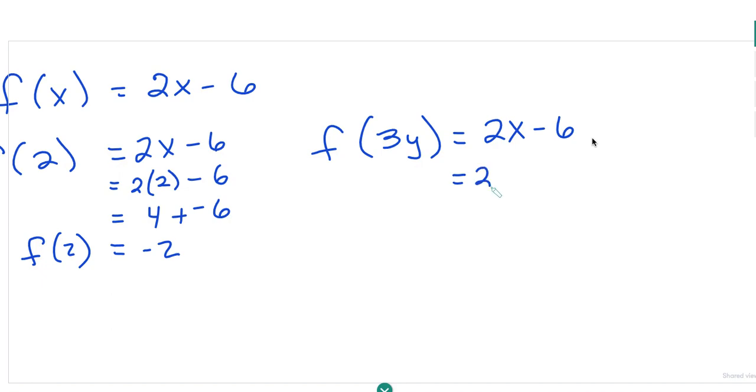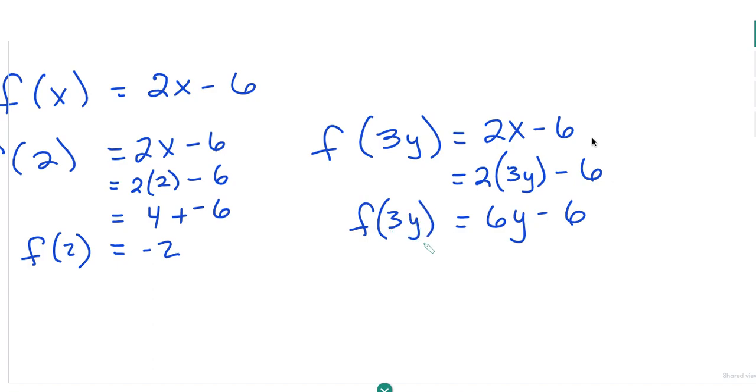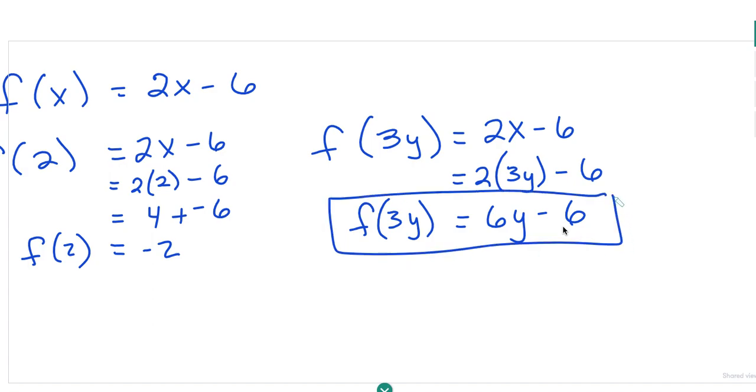So it's going to be 2 times 3y minus 6, which is going to give me 6y minus 6. So the value of the function when x is 3y is equal to 6y minus 6. So my answers are going to be written like this.